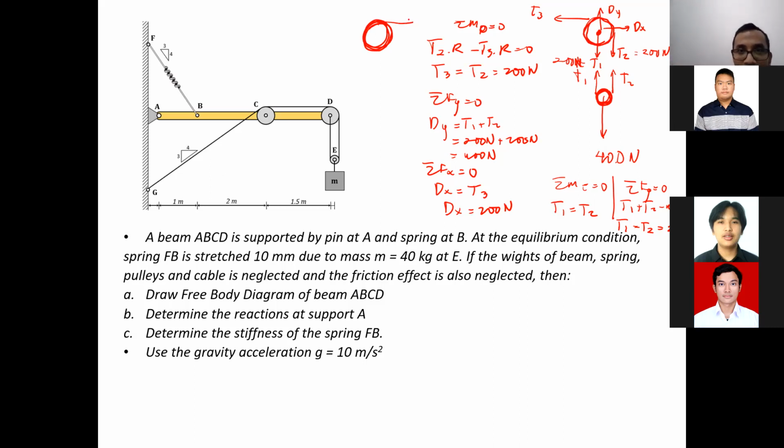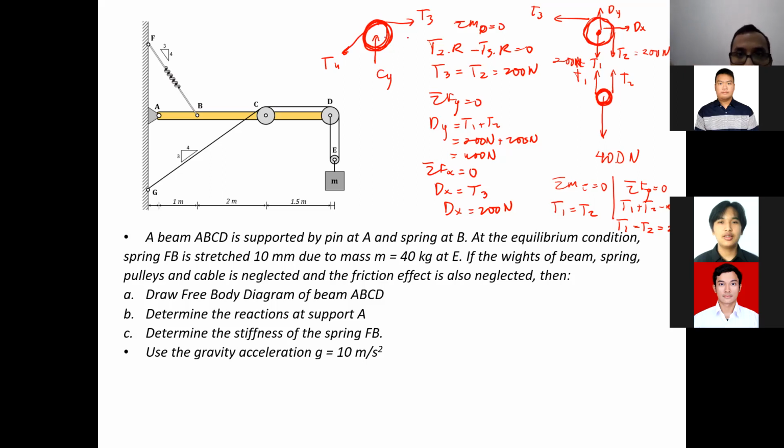For the one going to the right, it's the same as T3. And how about the one going slanted towards G? Is there any tension there? Yes, we call it T4. And what else? Also Cx and Cy.